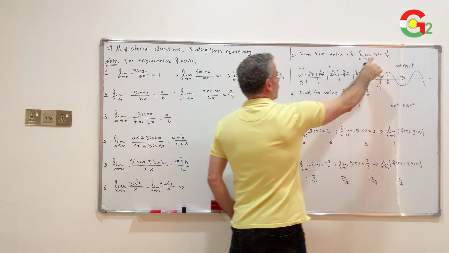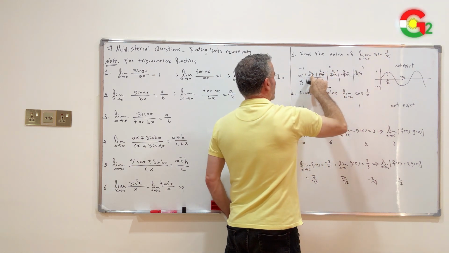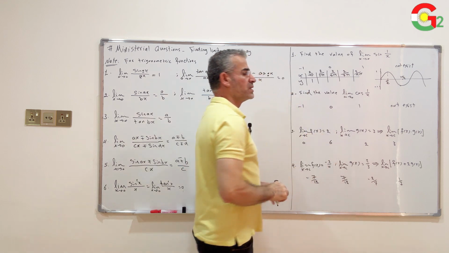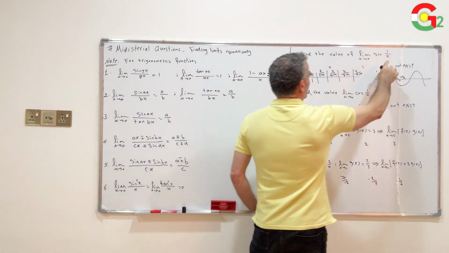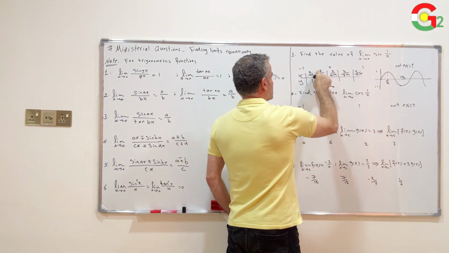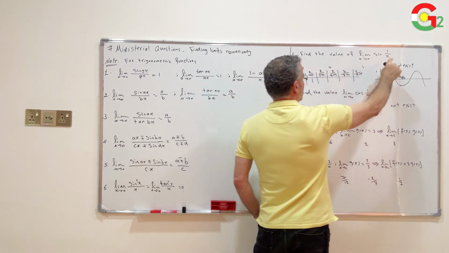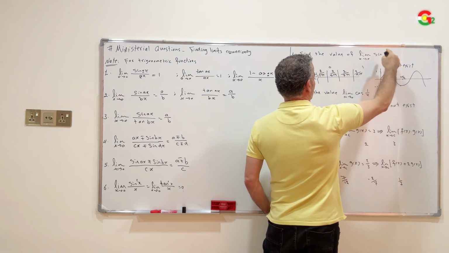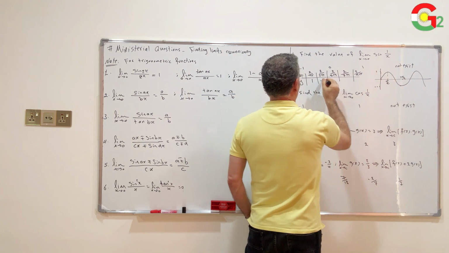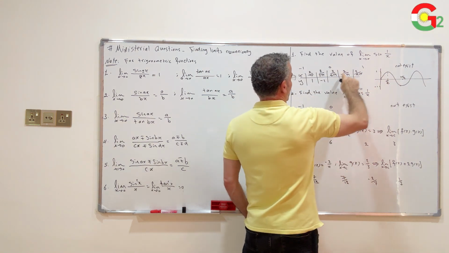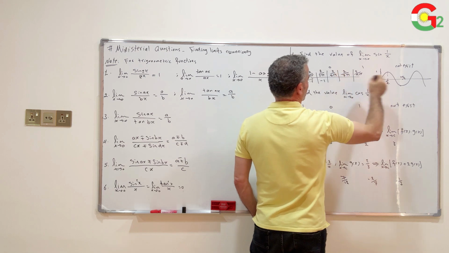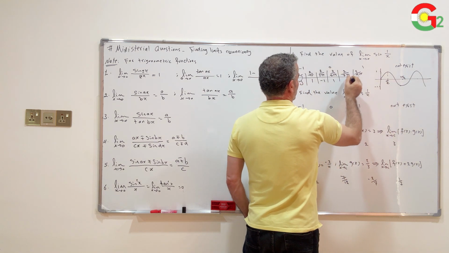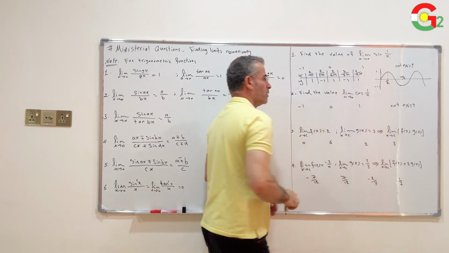Now, 1 over 2 over pi, it is sine pi over 2. Sine pi over 2 is 1. When x is 2 over 3 pi, then sine 1 over 2 over 3 pi will be sine 3 pi over 2, it is -1. And so on, sine 5 pi over 2 is 1, sine 7 pi over 2 is -1, and so on.